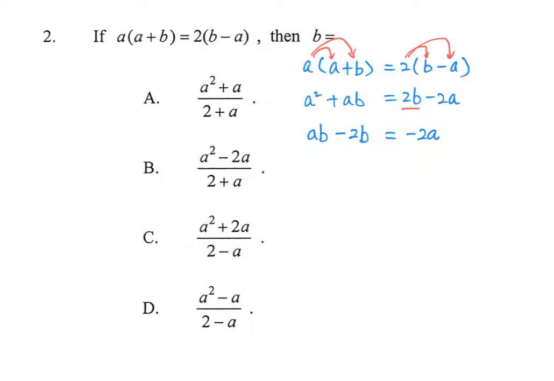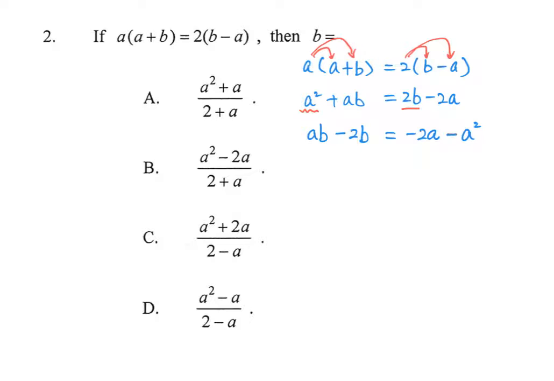And I also want to move A squared from the left hand side to the right hand side. Left hand side is addition, change sign, change operation, so addition changes to subtraction. So minus A squared.